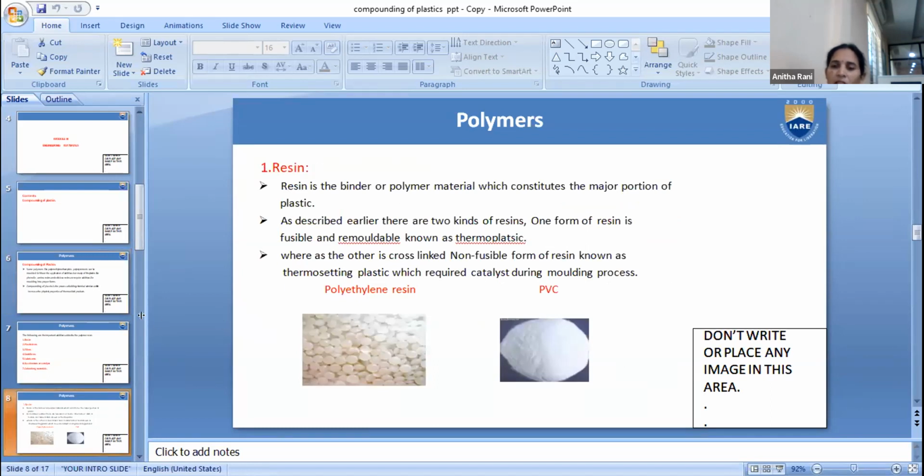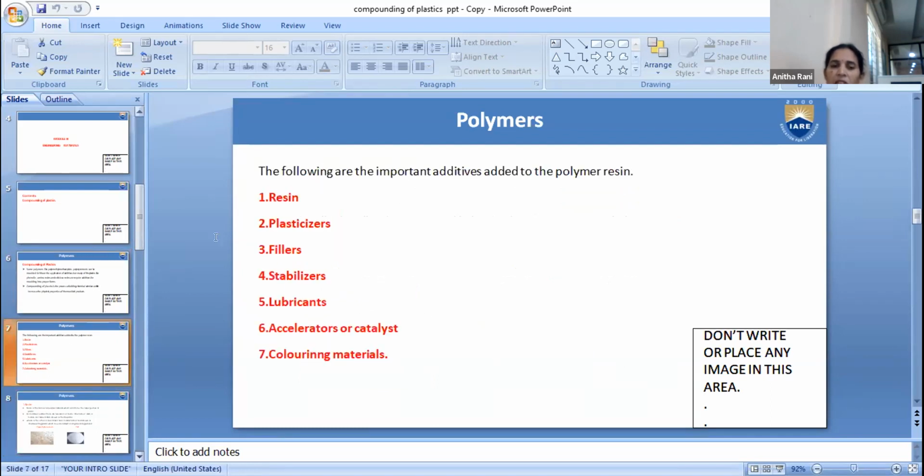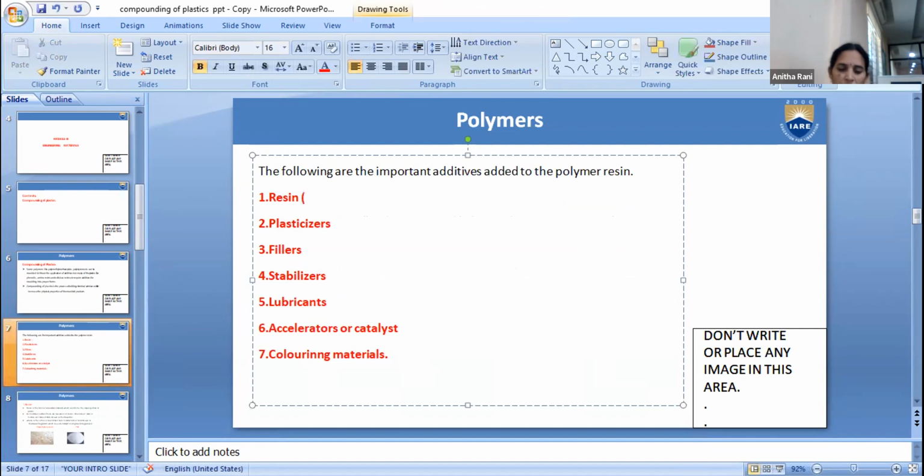For example, we are taking polyvinyl chloride. To this polyvinyl chloride, we will add one ingredient, plasticizers. You have taken a resin, PVC, polyvinyl chloride. You prepared polyvinyl chloride and that resin you have taken now in one container, polyvinyl chloride powder. To that you will add plasticizers. This is one ingredient. Why we are using this ingredient?